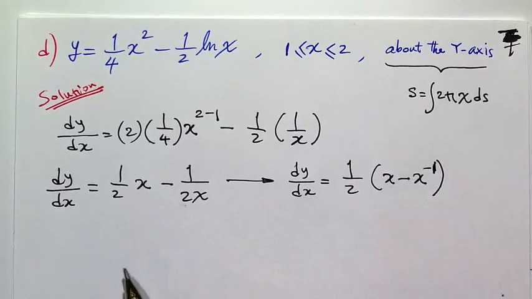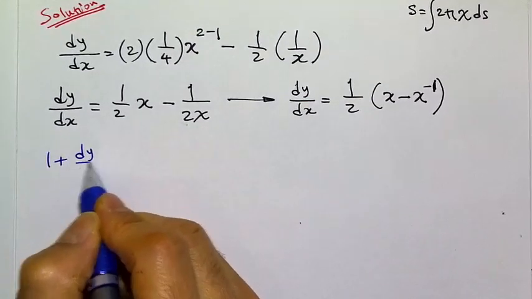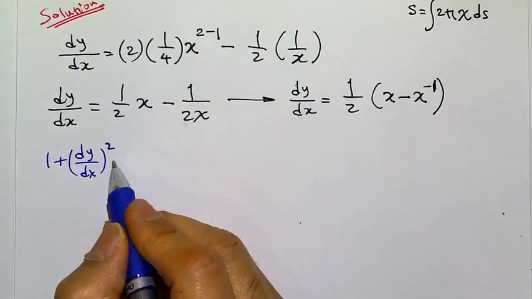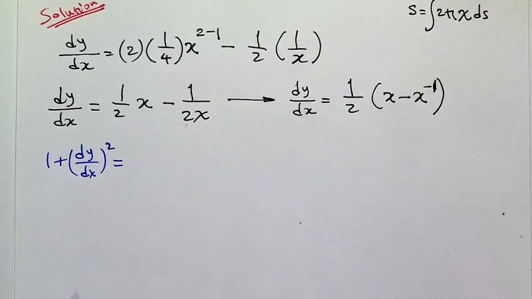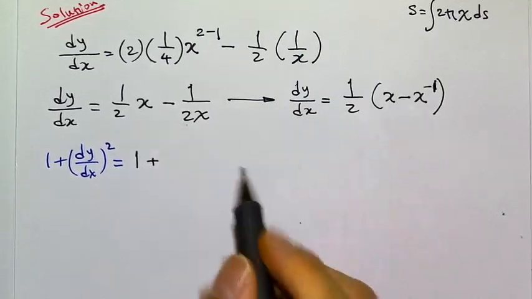This is helpful when we square all of this. So in the next step, 1 plus (dy/dx) squared would be equal to 1 plus all of that squared.